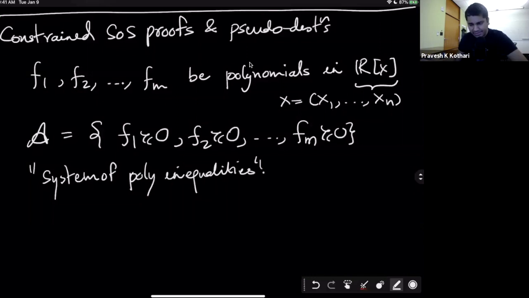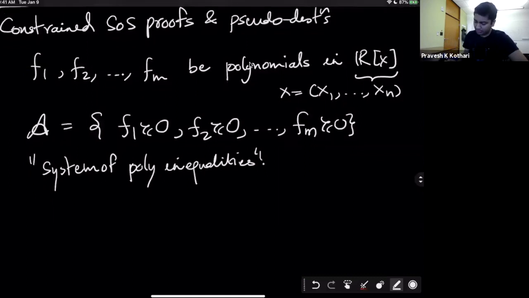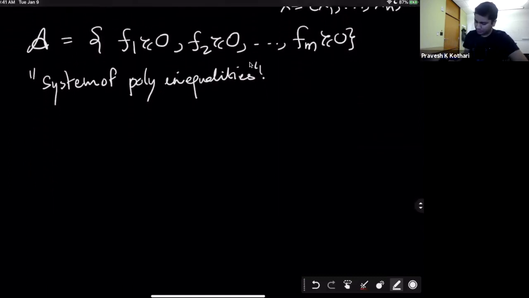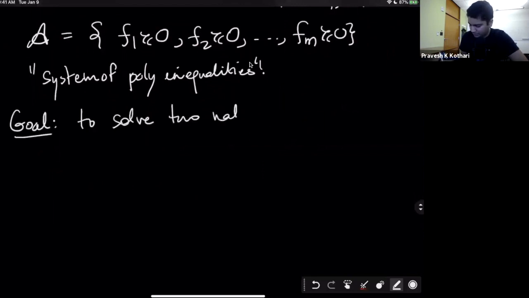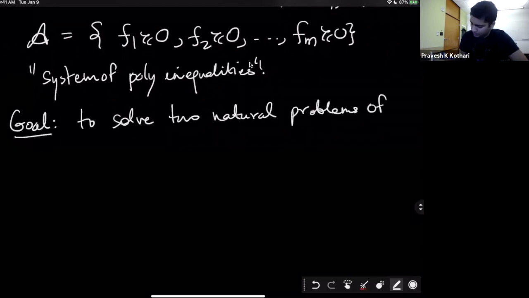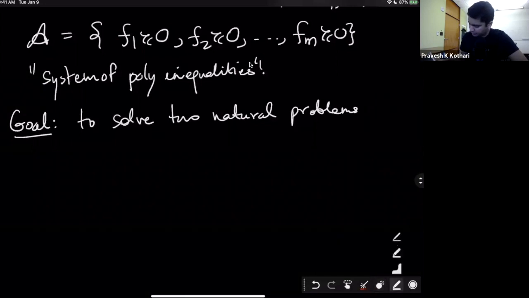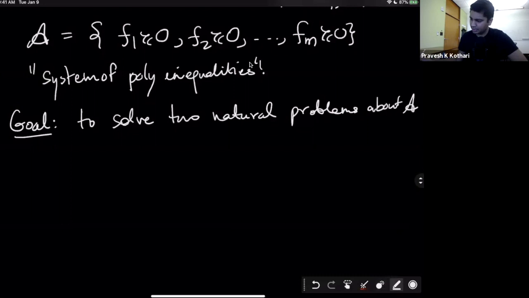And given such a system, we'll be interested in two kinds of problems. So two natural problems about the system of polynomial inequalities, script A. Okay. What are those two problems?